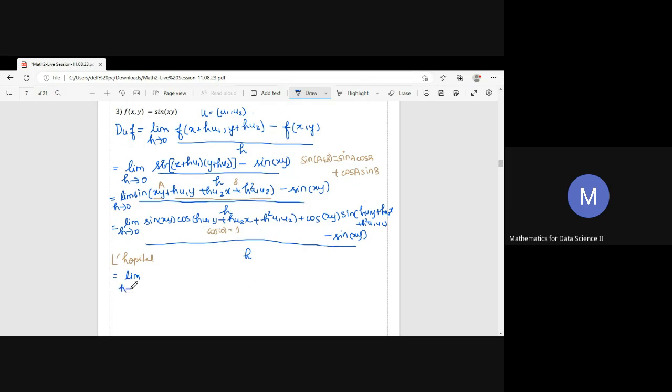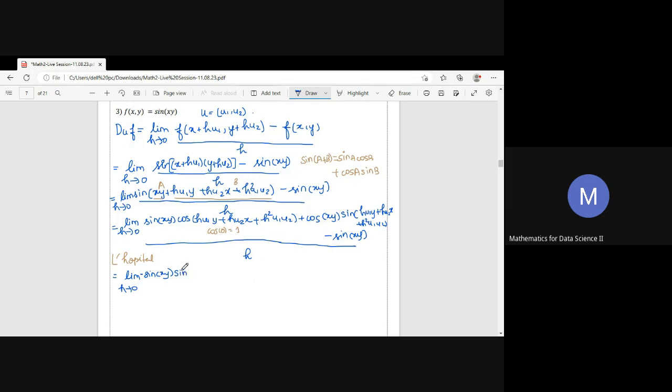Limit h going to 0. In the numerator, we are taking the derivative with respect to h. So only this term you have to differentiate; sin xy will remain as it is, as a constant. Here, what is the derivative of cos of some function?